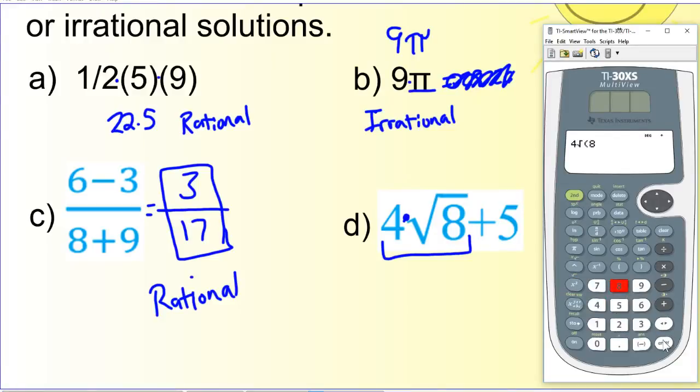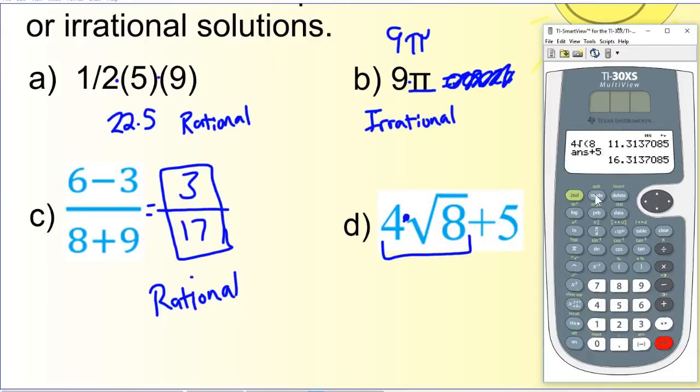I'm going to hit equals here because I want to make sure the calculator doesn't try to throw this plus 5 inside the parentheses. Okay, so that part gave me 11.31 and so on. Plus 5. See how it takes your answer and adds 5 to it?